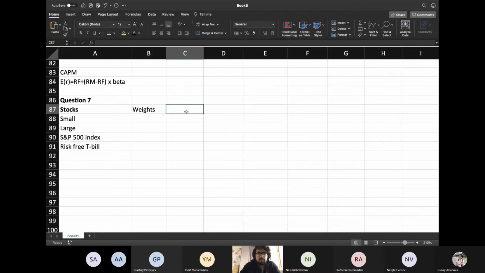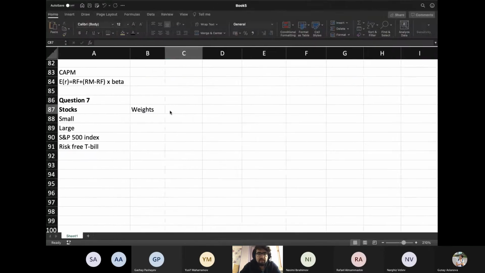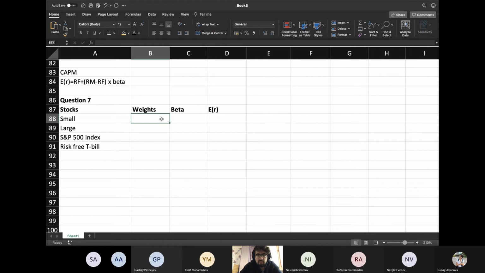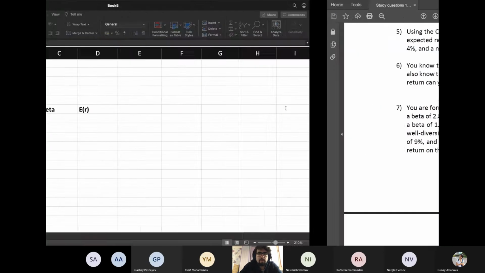We have weights, then what we should have: beta, and expected return. Weights. Quarter of money in small stock.